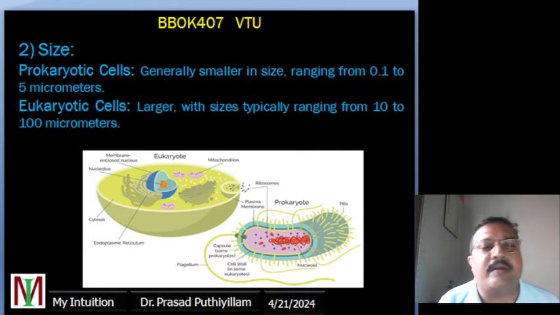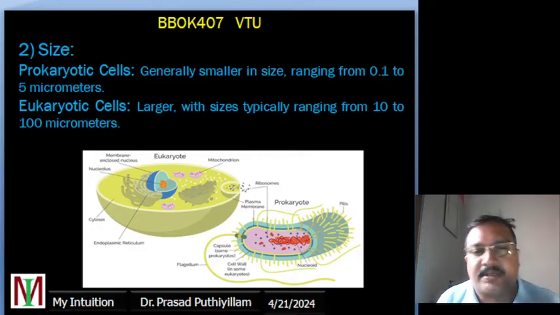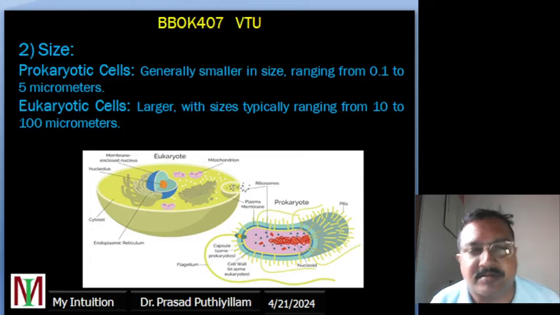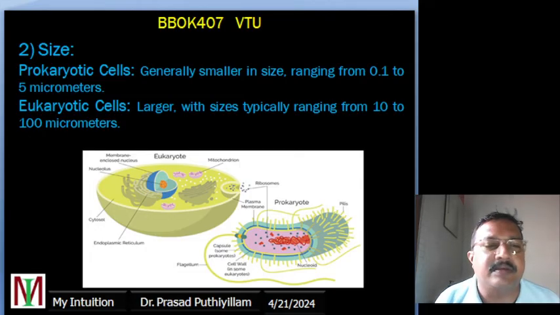Whereas the eukaryotic ones are a little larger, about 10 to 100 micrometers. That means if we treat ourselves as a prokaryotic cell, and you carry a small marble in your hand, that becomes the eukaryotic cell. So that is the size difference which I want to tell you.